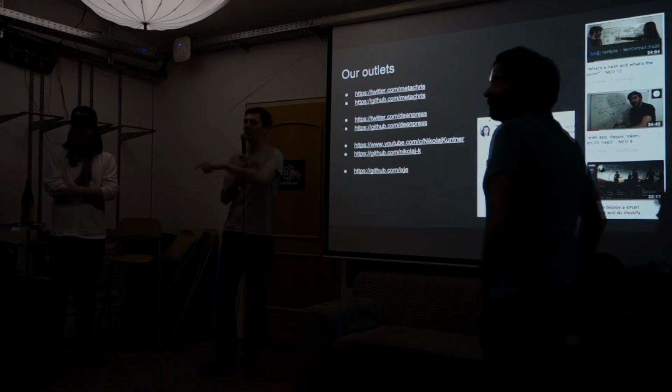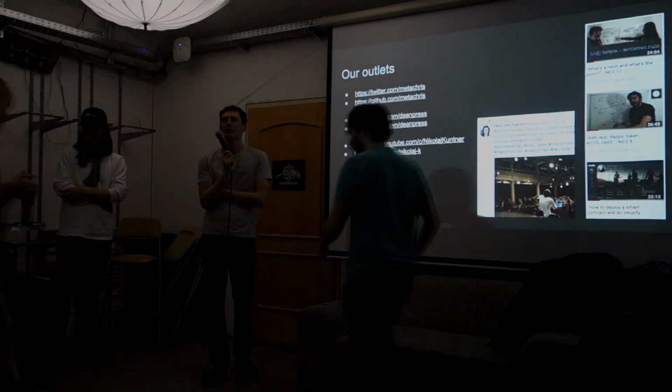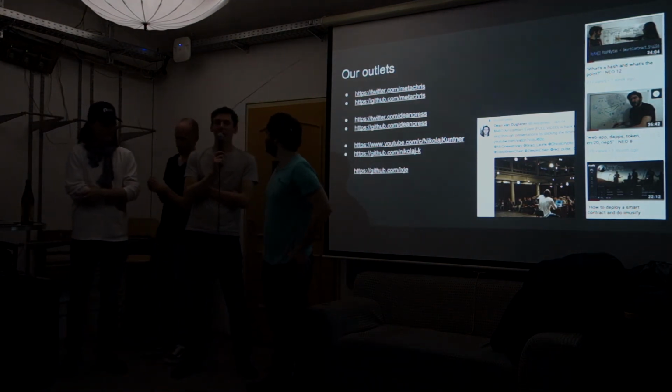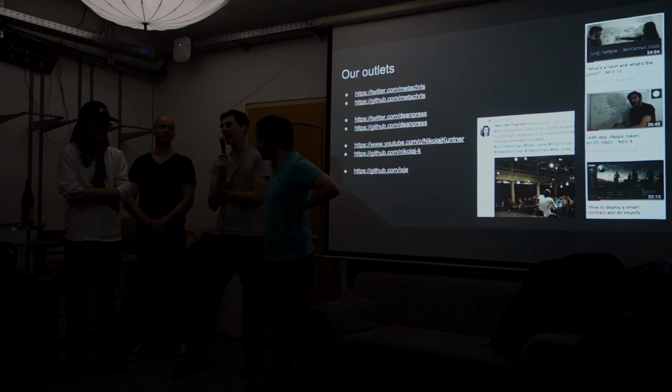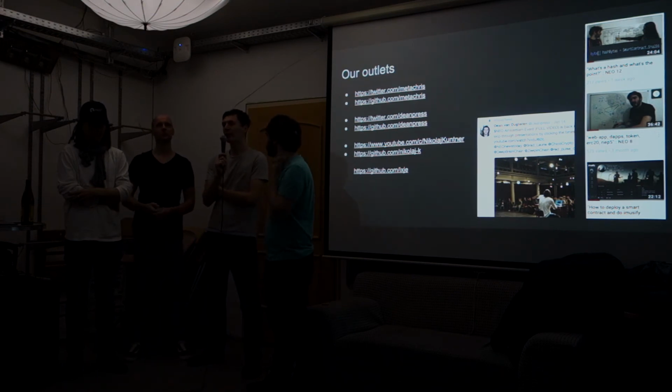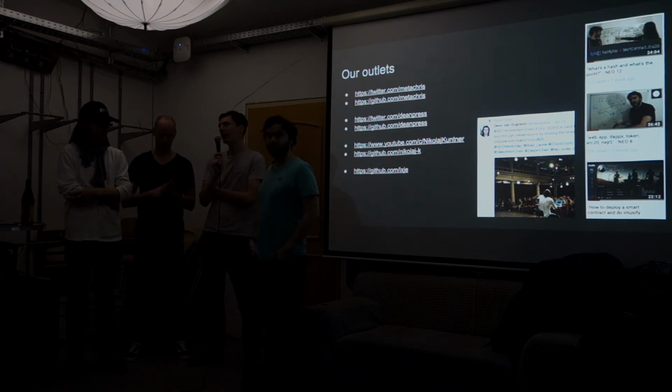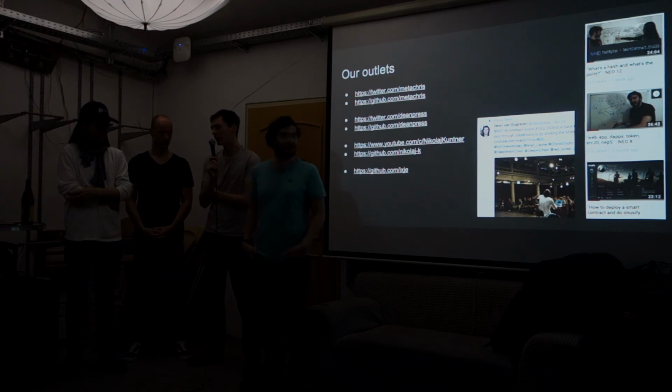First question: if there's a bug in a smart contract, how do you update it? Yes, this is a very good question. There is a NEP, a NEO enhancement proposal, to do it similar to how you do it in Ethereum, where you can have dynamic smart contract invocations.